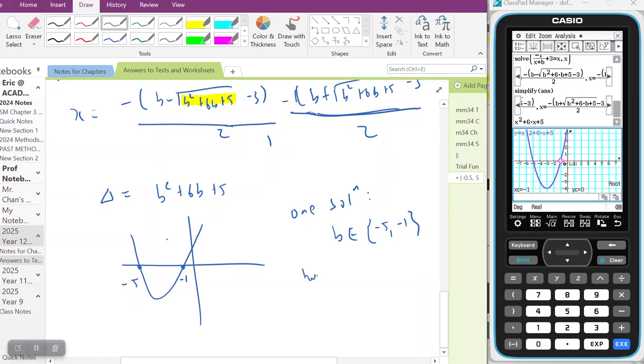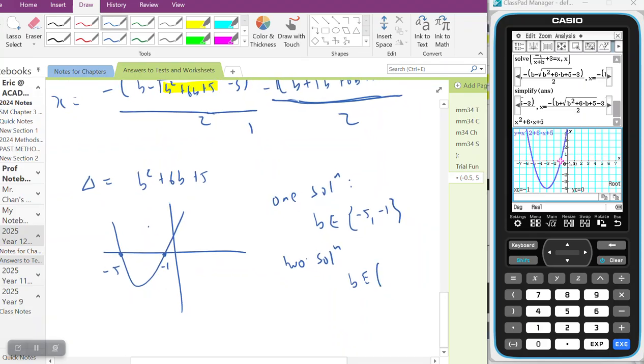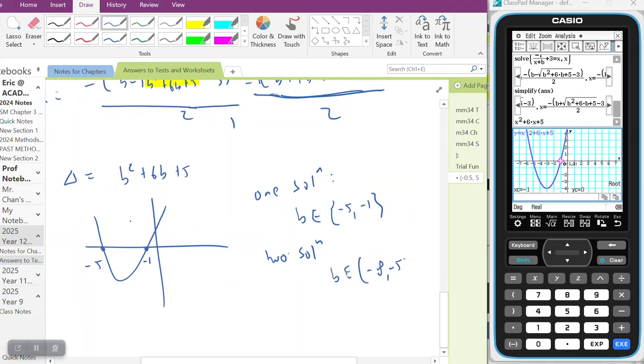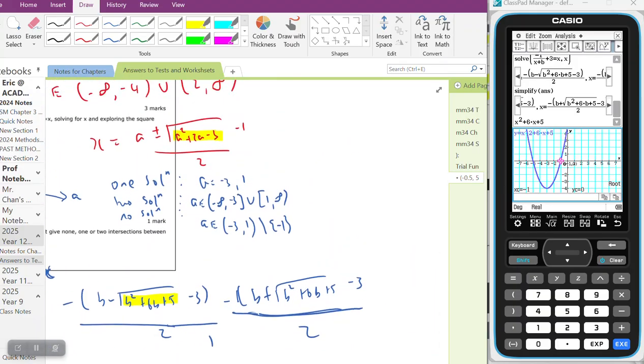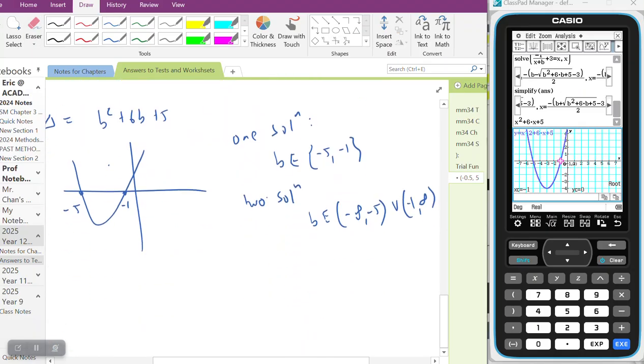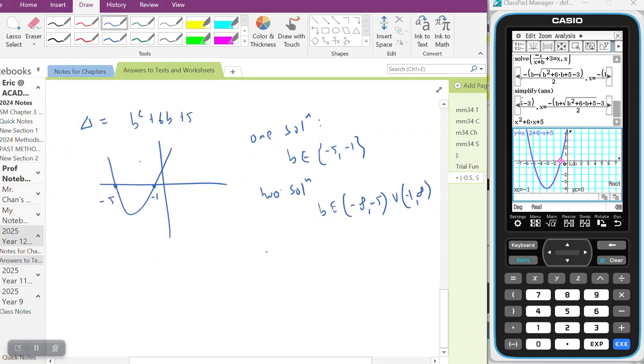Two solutions: b is an element of between -infinity to -5, union -1 to infinity. Did I include the other one? I think I made a mistake here. Sorry, that shouldn't include -5. Okay, and then no solutions.